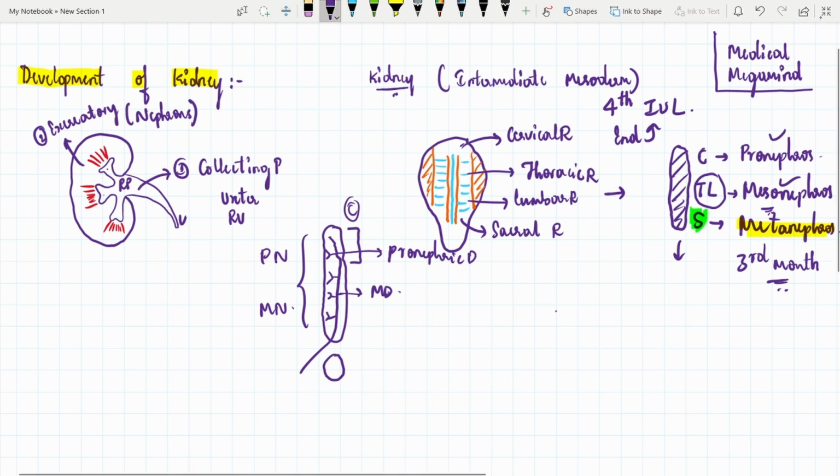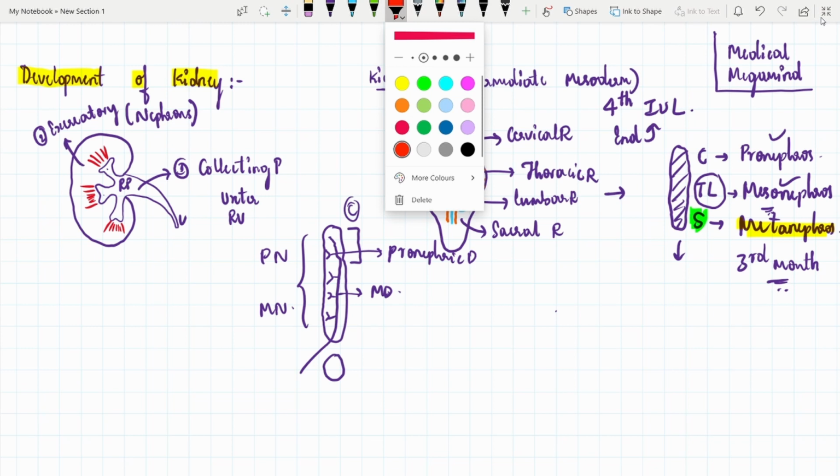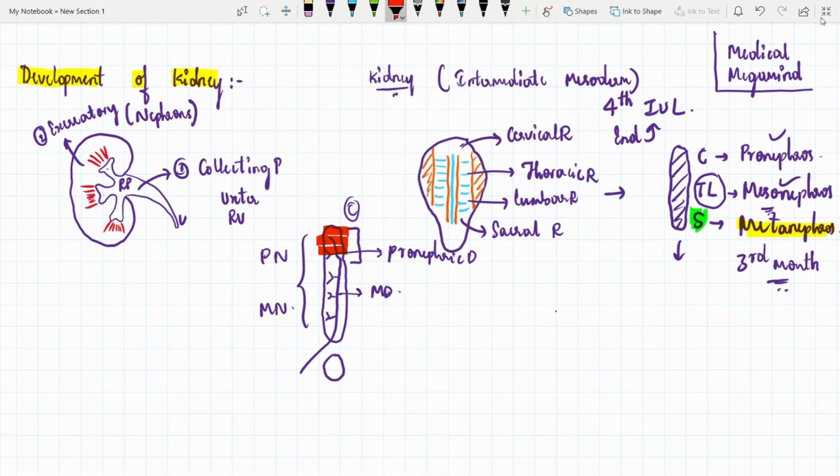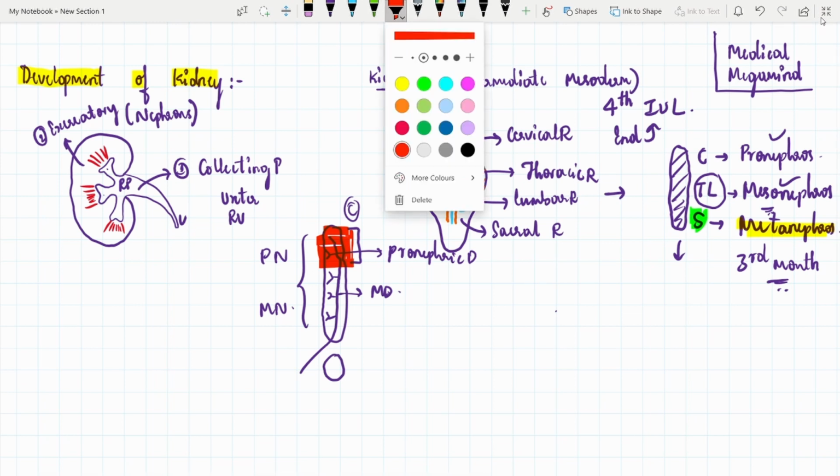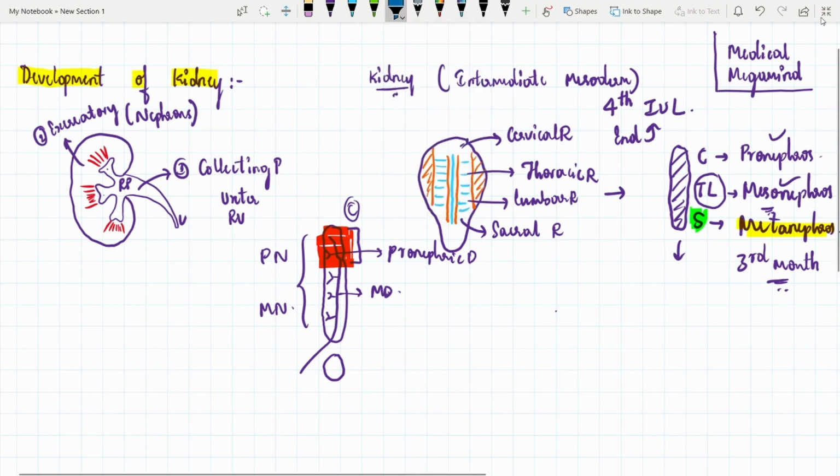Now, as I said previously, the upper cervical part is going to degenerate, right? So this is degenerated. Now the remaining part is what? The duct of the mesonephros kidney, right? I said the mesonephros will also degenerate. So now the ultimate part that is going to persist in adult life is this one, metanephros, right?